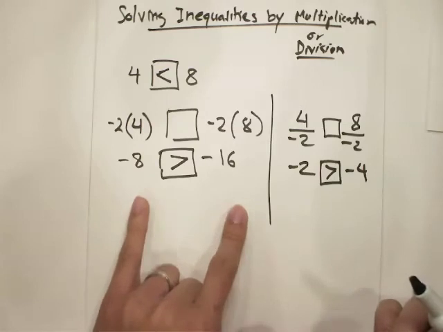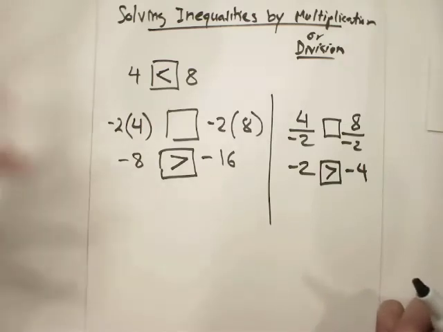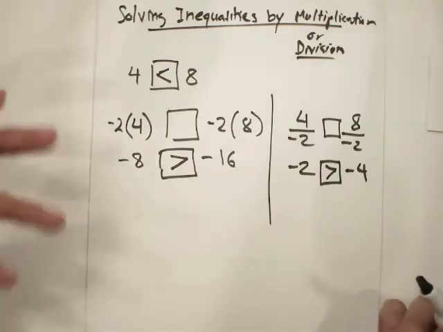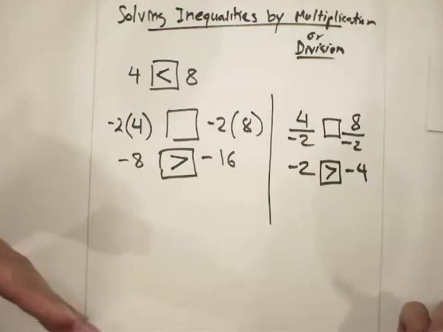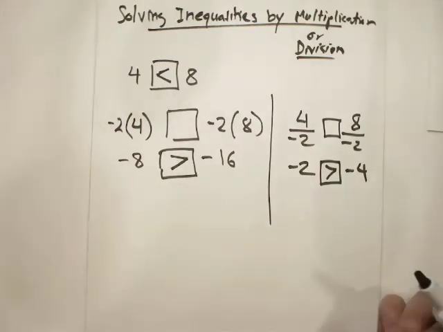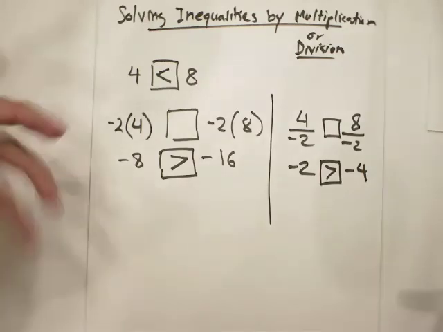You kind of see why it has to be flipped, right? So try to keep that in mind: when you solve inequalities by multiplication and division, and you have to multiply or divide by a negative value, you will end up having to flip your symbol just to make sure that the final result is true.